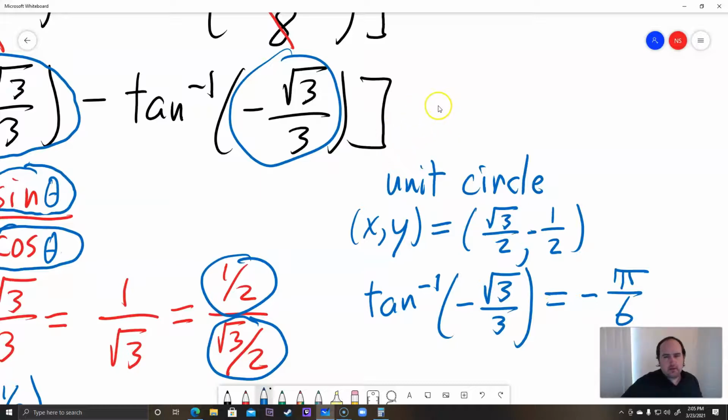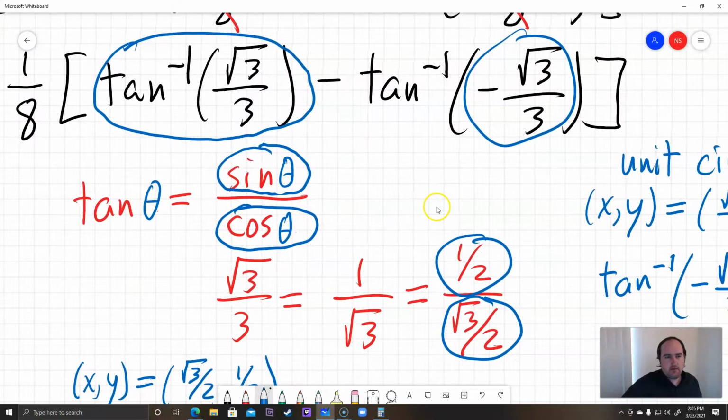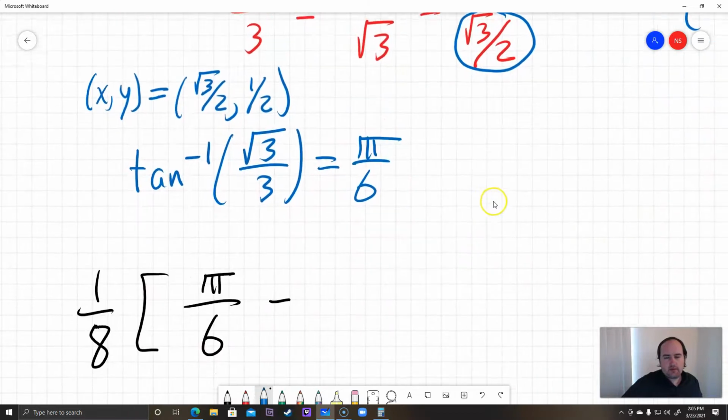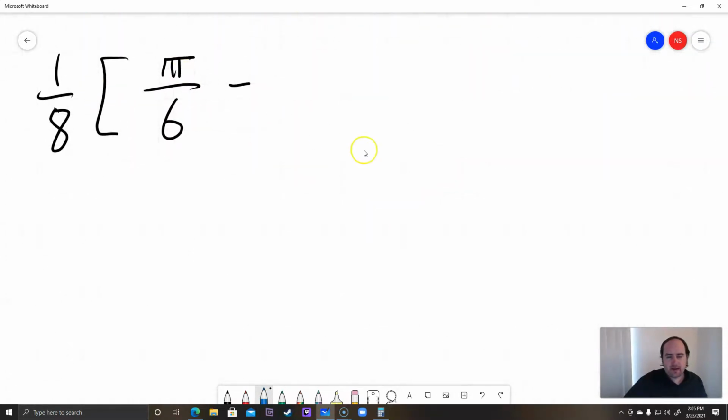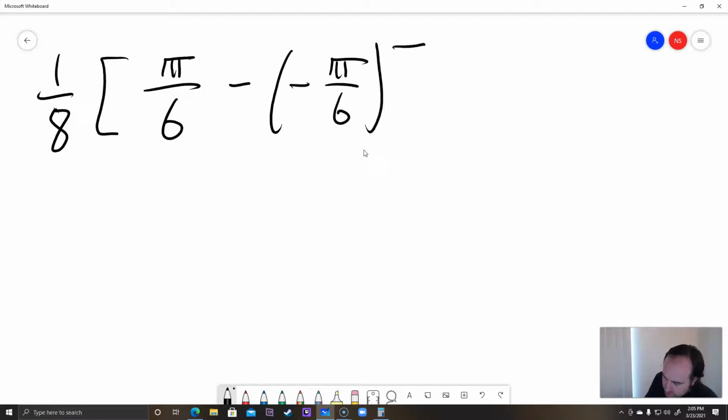Okay, so cool, we got that. So now we can write the whole thing out. We've got 1/8 times pi over 6 minus negative pi over 6. And if you remember your unit circle, you wouldn't have to spend this long going through it.